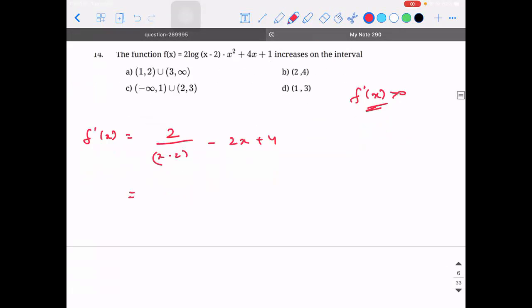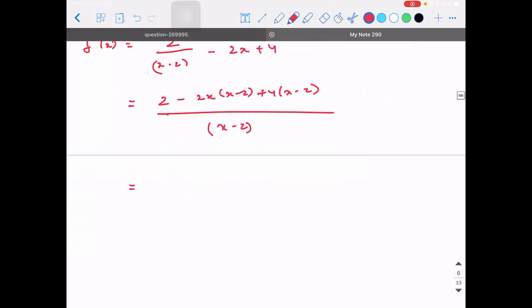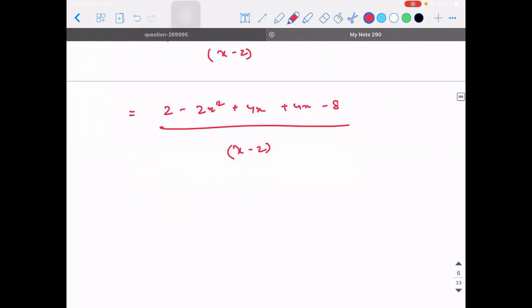Right. 2 minus 2x into x minus 2 plus 4 into x minus 2 divided by x minus 2. So 2 minus 2x square plus 4x minus 8 the whole divided by x minus 2.